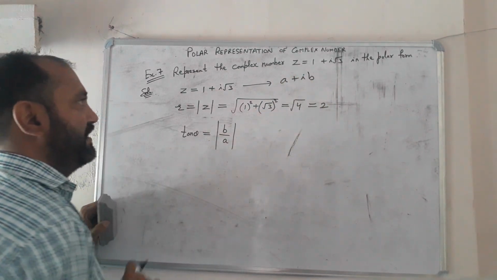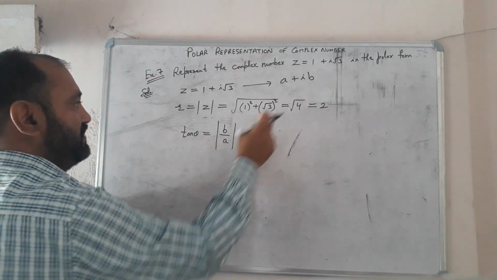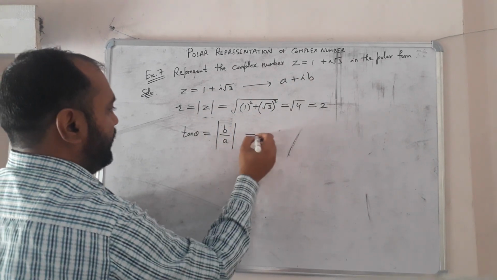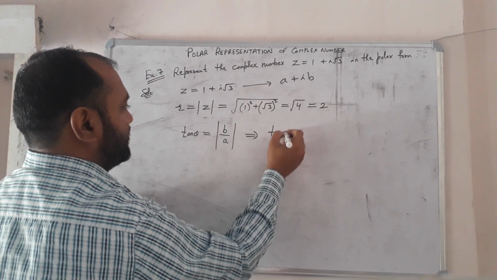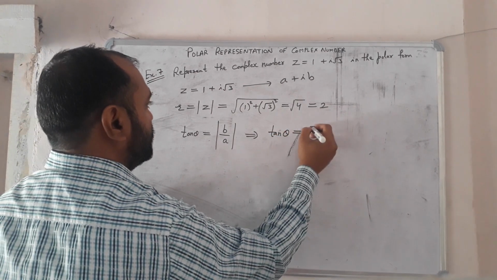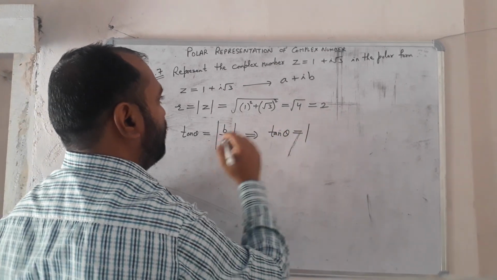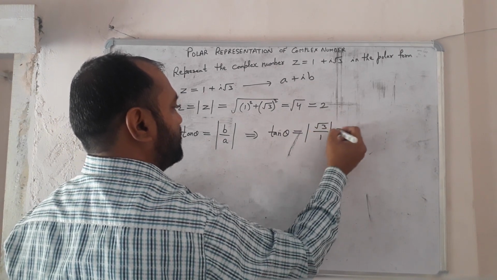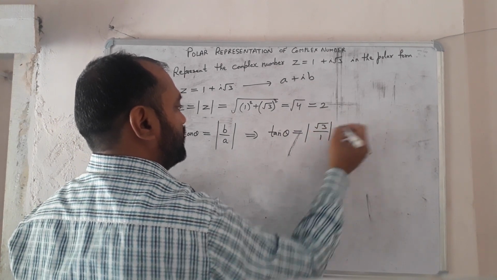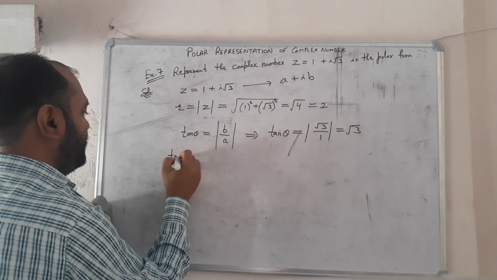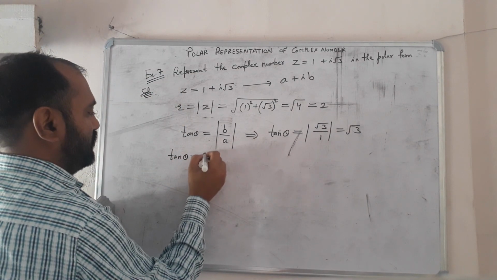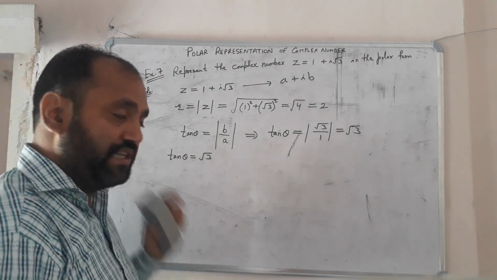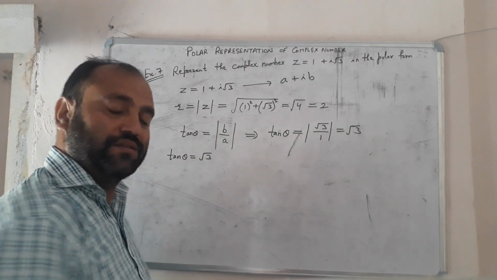So what is a here? A is 1. What is b here? B is root 3. So we have tan theta is equal to mod b upon a. B upon a means root 3 upon 1, that is equal to root 3. Right? So we have tan theta is equal to root 3. Now you know which angle the tan is root 3.